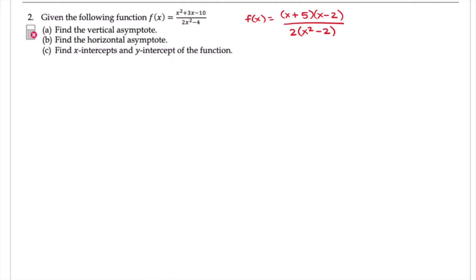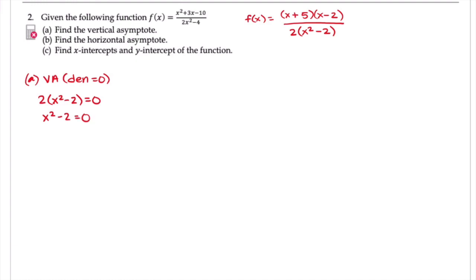So for part A, we are going to find the vertical asymptote, and we do that by setting the denominator equal to 0. Our denominator is 2 times (x squared minus 2). I'm going to set that equal to 0 and solve for x.